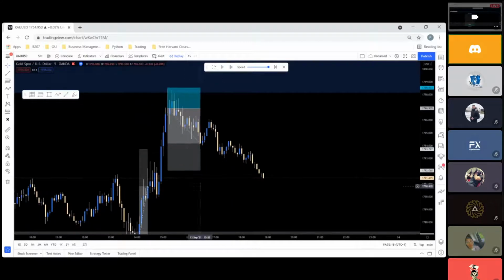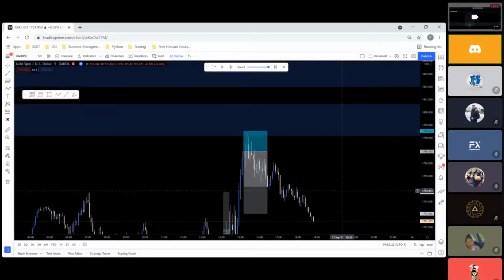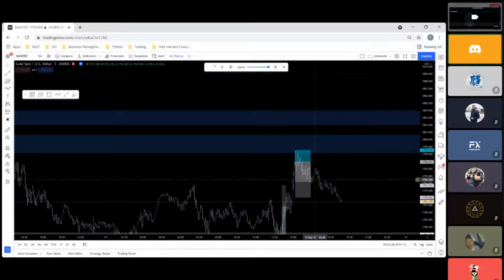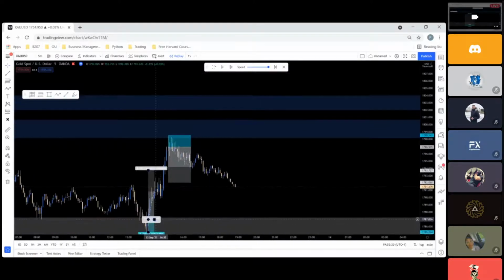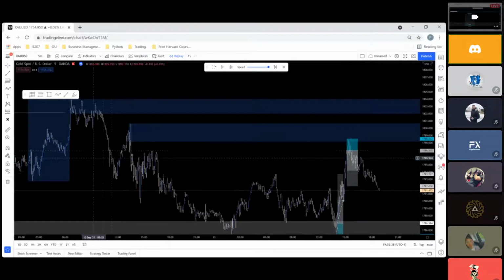So that is sort of how I trade the extreme ranges. Again, price can easily just fly through. But more often than not, if you pick the right zones, and it is really about reading price, and what happened here.